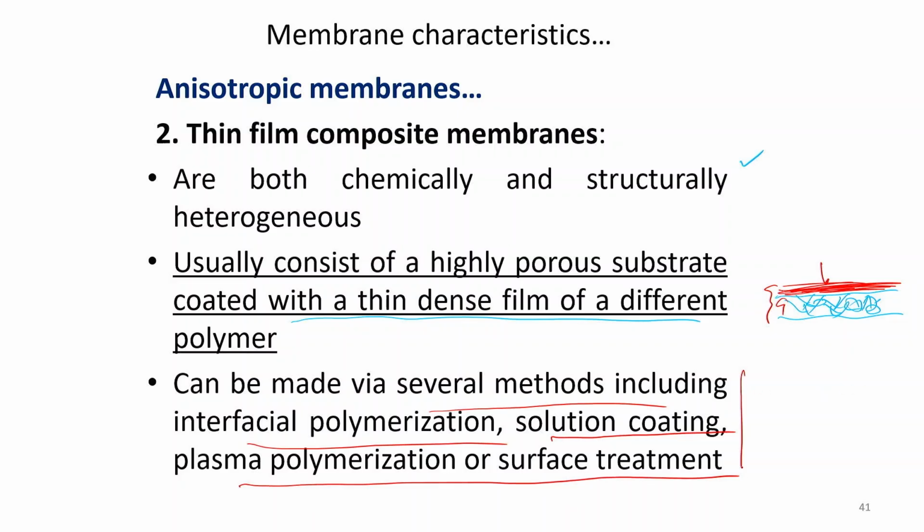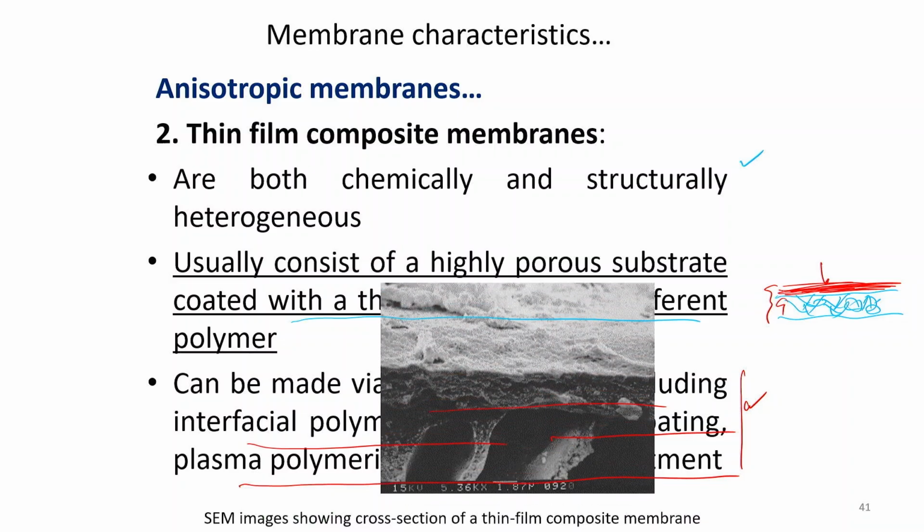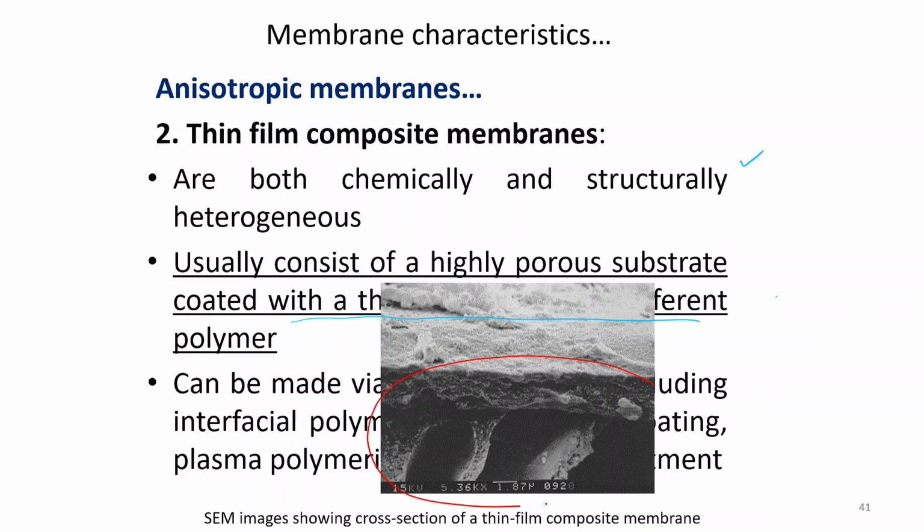We can do surface treatment to change the chemical and physical nature of the polymer and create the heterogeneous structure. So, we can see the polymer here. At the bottom we can see the layer is a larger porous polymer, and the finely dense polymer is deposited on this substrate.